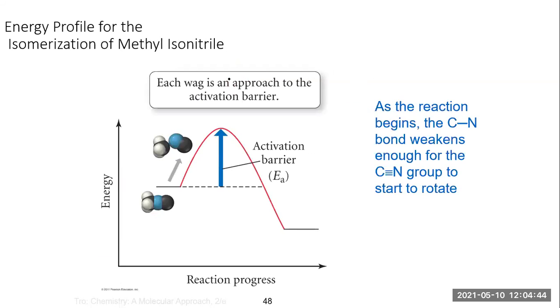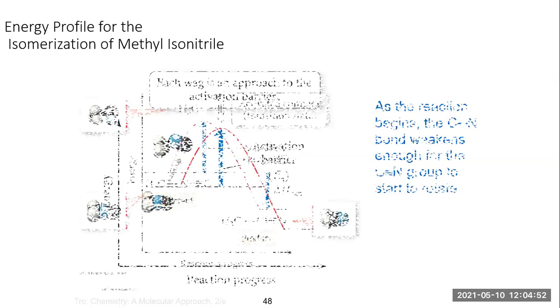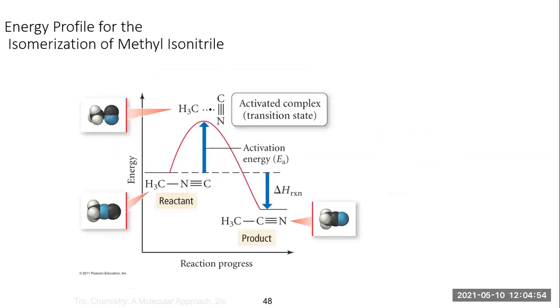As it starts going up the hill, we're breaking apart some of the bonds that were holding the molecule together. As it continues up the hill, we have partially broken bonds. We're starting to make some new bonds as it rearranges and brings the carbon in this way, breaking those bonds and moving the nitrogen out that way. Again, these partially made and broken bonds are happening up here on the top, our intermediate. Then it comes down and rearranges, as you can see in this reaction, and we get our product that's made on this side.